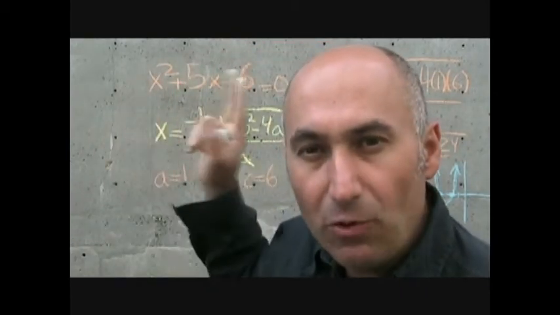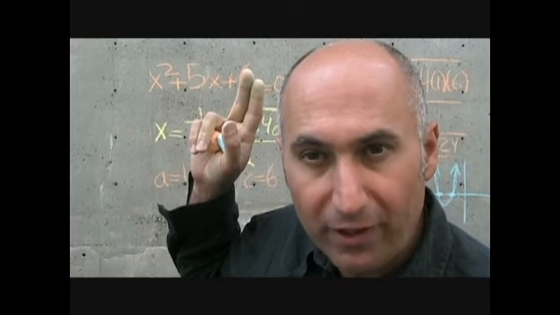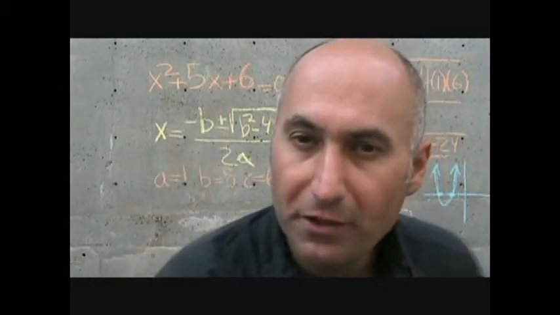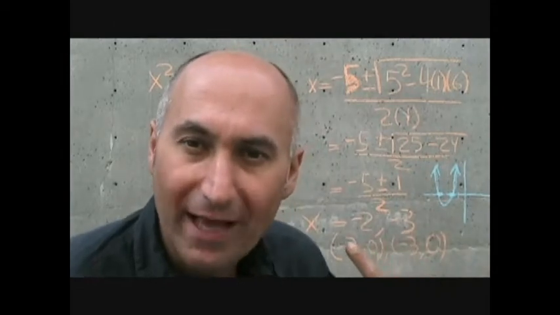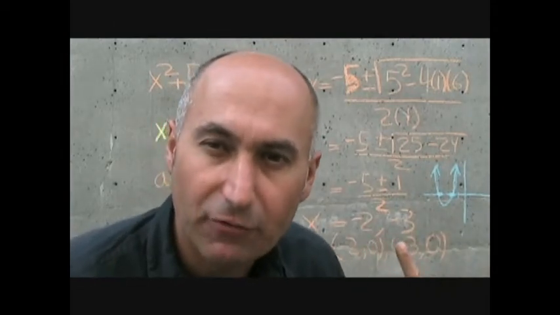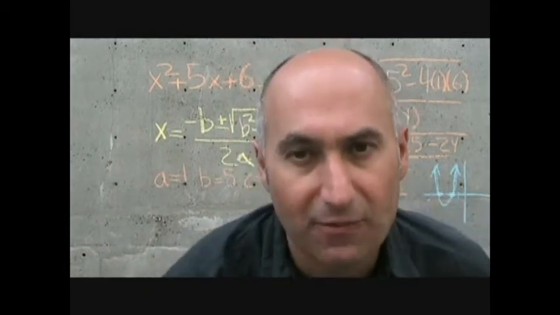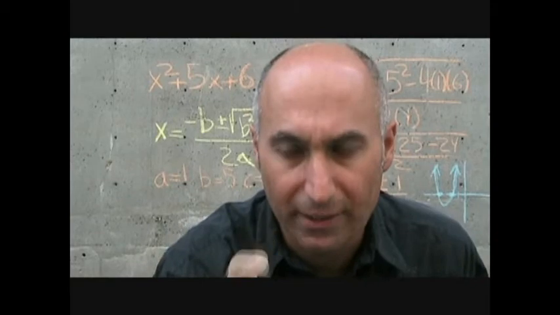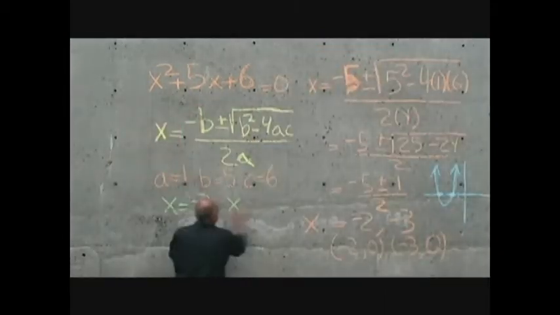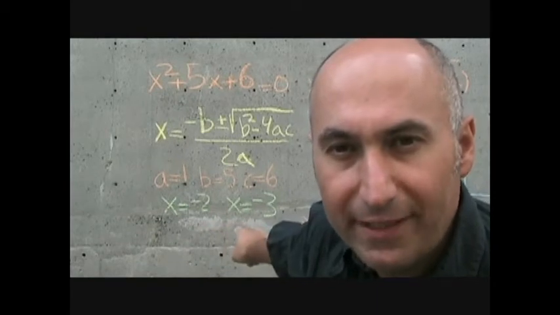Now, if this 0 wasn't here, the way we originally wrote it, if this was an expression and they wanted you to factor it, then what you would have to do is convert x equals -2 and x equals -3 to your brackets, to your factors. The way you do that is basically moving around the equal sign, right? So you have x is equal to -2 and x is equal to -3.